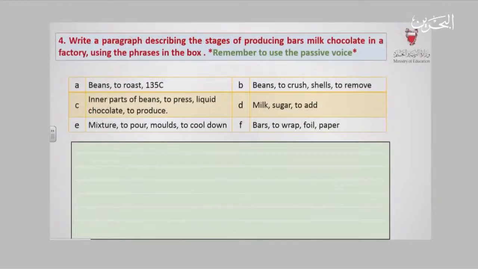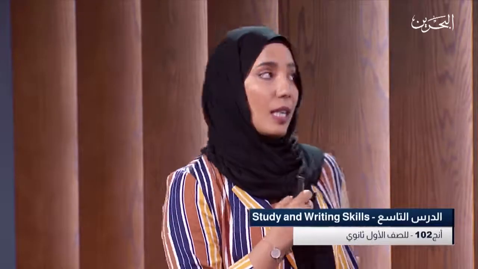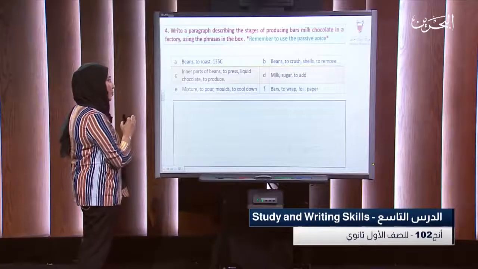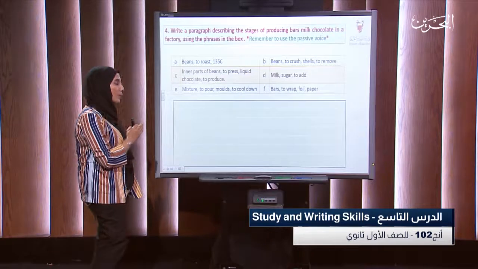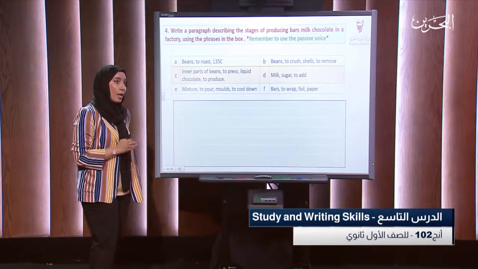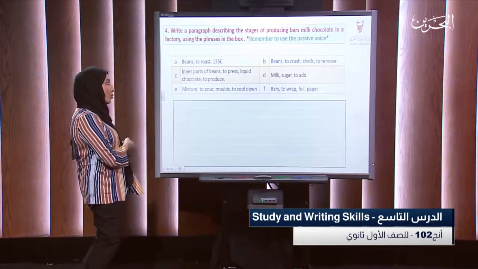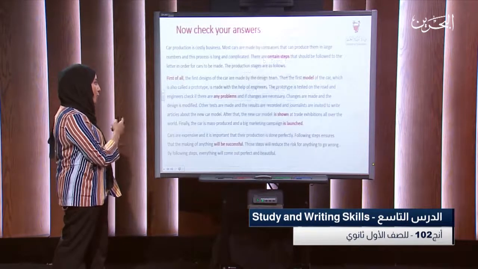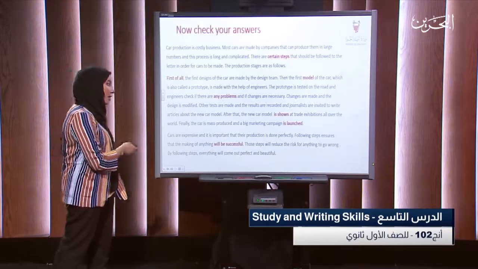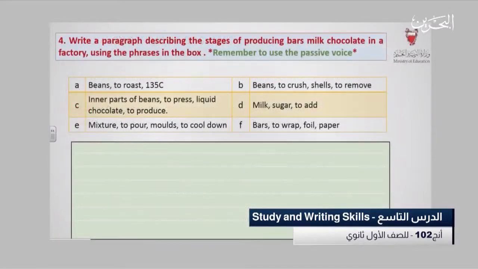Now, in a similar way, I want you to reorder these phrases and write them in chronological order. I want you to write a paragraph using the chronological order which was just presented here, using first of all, next, finally, after that, and remember to use the passive voice.